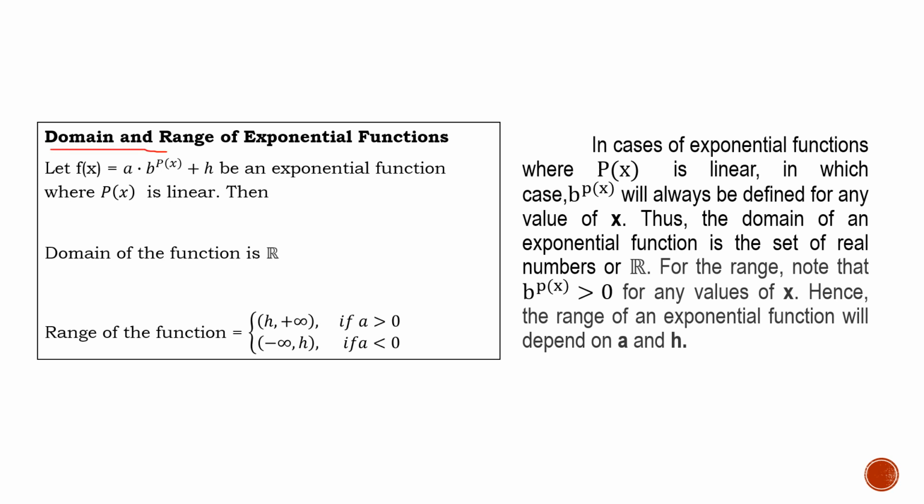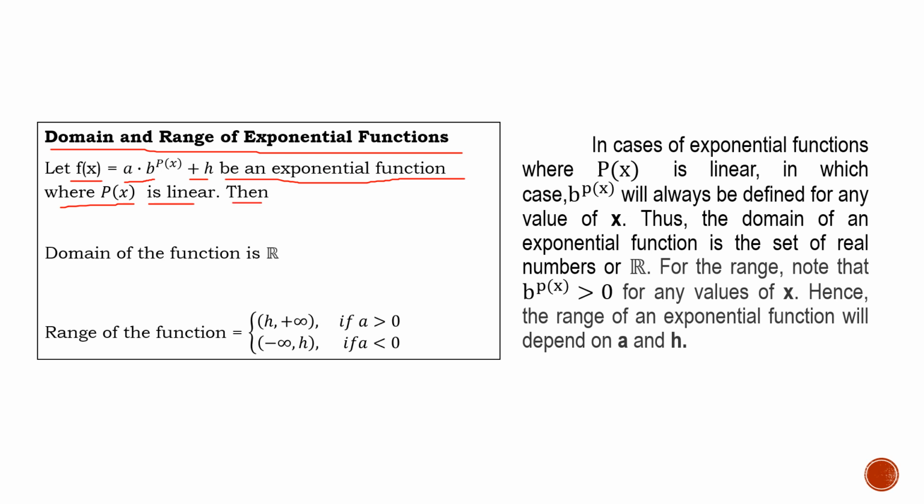So, the domain and range of exponential functions: let f of x is equal to a multiplied by b raised to p of x plus h be an exponential function where p of x is linear. We should check first if p of x is a linear function. If not, then we cannot conclude that this is an exponential function.